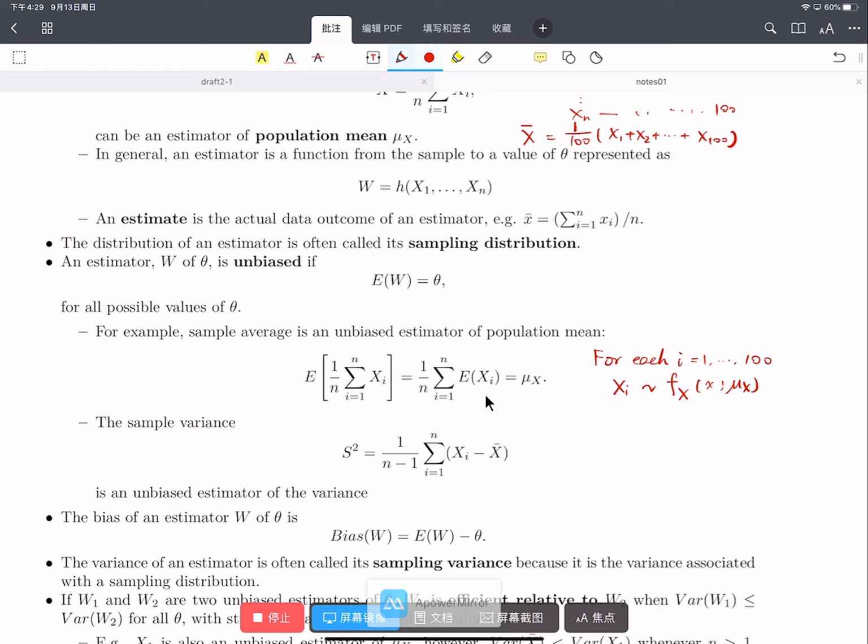Mu of x is our parameter that we are interested in, that we want to estimate. And the expectation of xi equals mu of x.